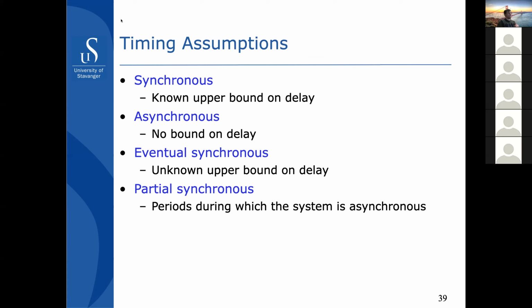It means that when we start the system, we know that there is an upper bound on the delay, but we don't know how much it is. It's similar to the synchronous model, just that we only know that there is an upper bound, but we don't know what it is.